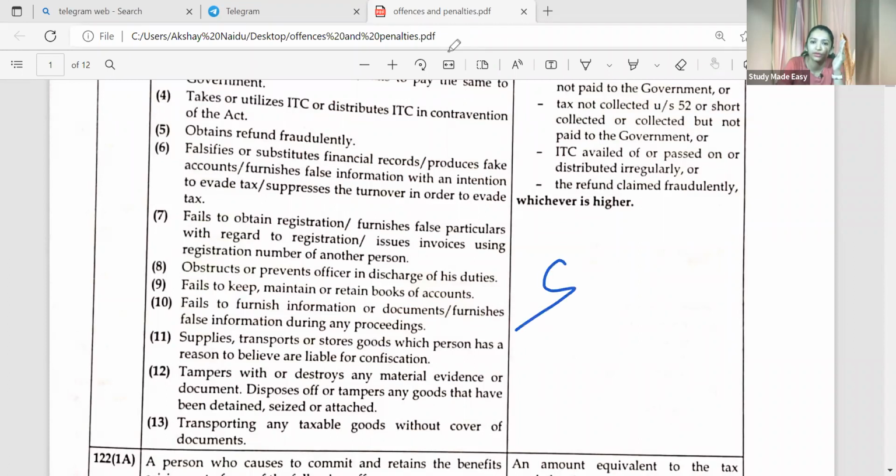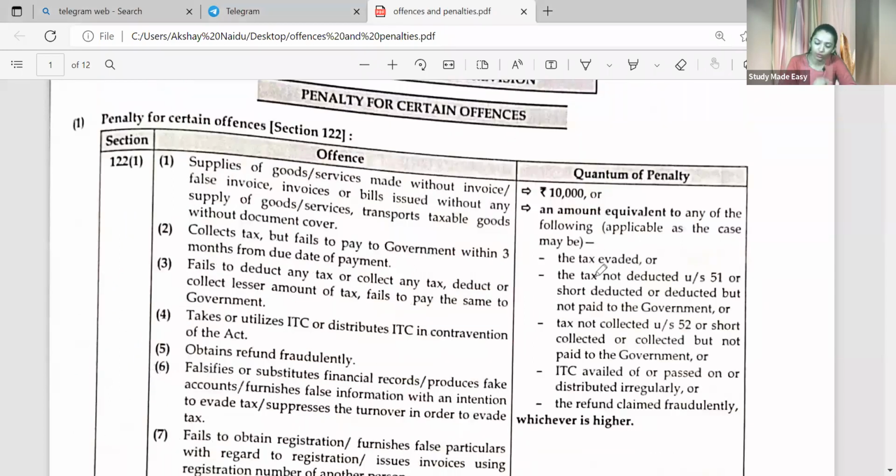So you have supply without invoice, invoice without supply. You fail to collect or you fail to pay within 3 months from the due date to the government. You tamper with or destroy material evidence, you fail to furnish the information, fail to maintain the books, you falsify the books of account. In all such cases, 122 is applicable, that is 122 subsection 1. Now, what is the quantum?